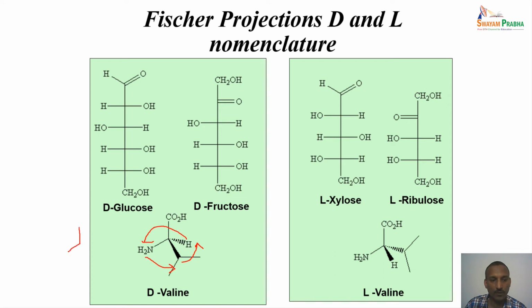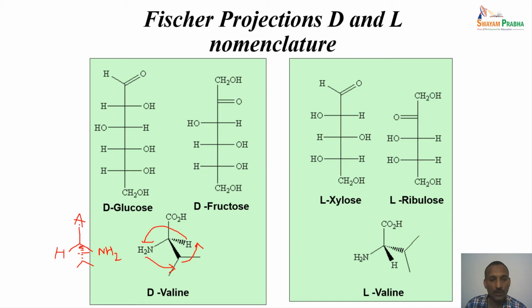So here it will be the hydrogen, and this is our acid part, and here we have the NH2, because these two are now pointing towards the observer. And then the CH3 group, this group is now pointing away from the observer.